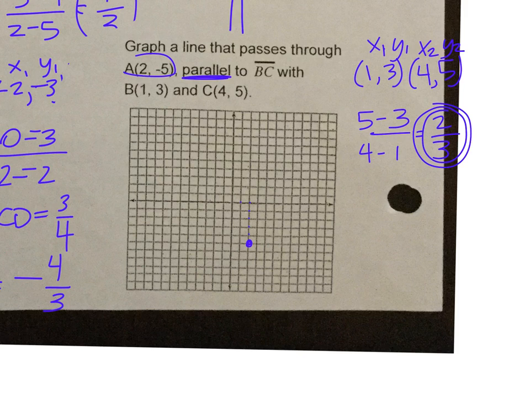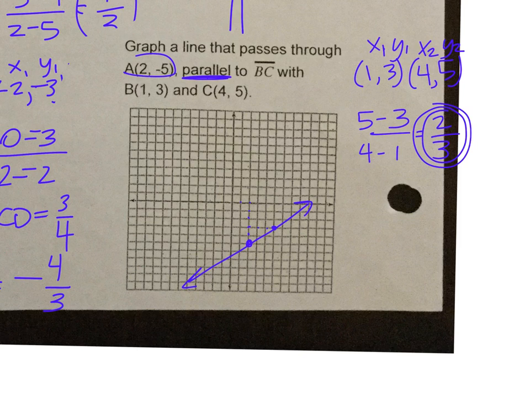So that's my slope. And they're parallel, so it means they'll have the same slope. So from the dot I put, I'm going to rise 2, run 3. So there's my new line.